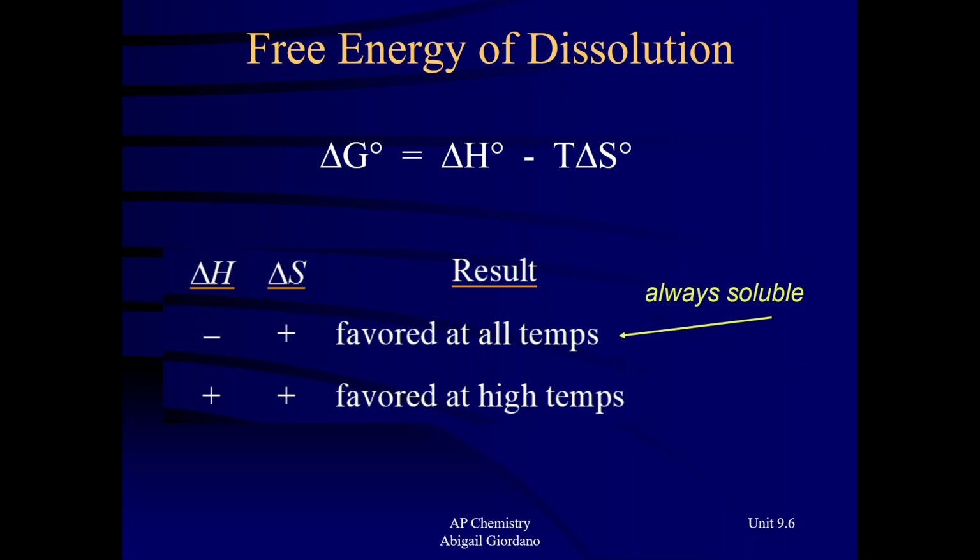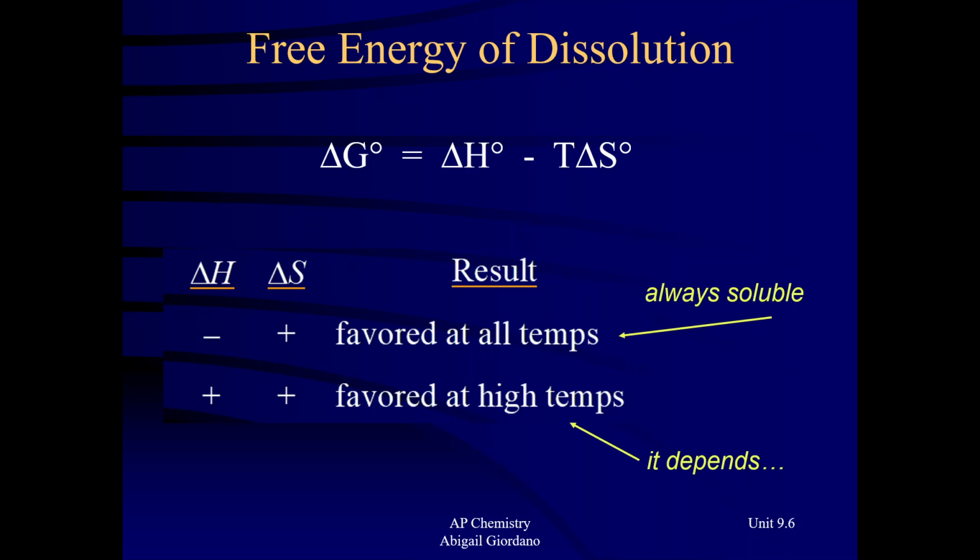Now look at the second row. If the delta S is positive, and when we add those three steps together for the dissolution process, all three of those enthalpies together come out to be endothermic, from Unit 9.3, we would say that's going to be favored, but only at high temperatures. So in this case, it depends on the temperature.